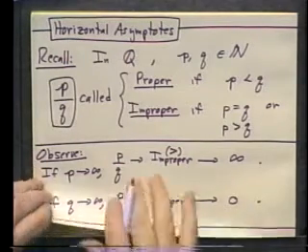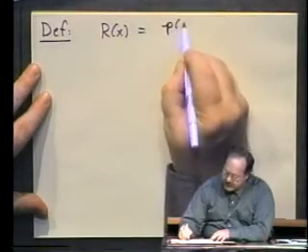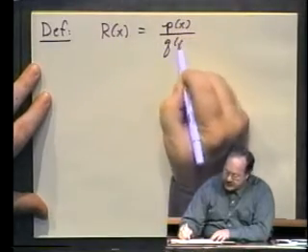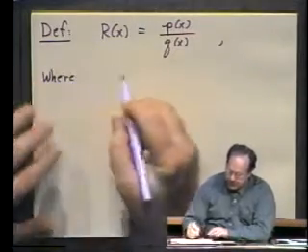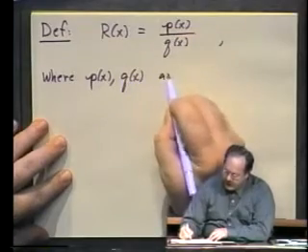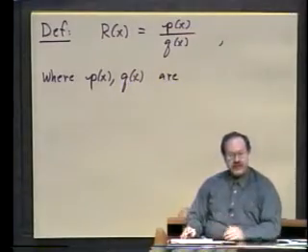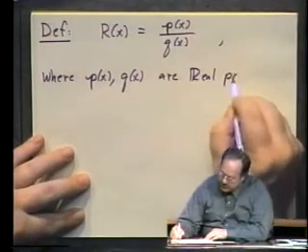And now let's define what it might mean for a rational function to be proper or improper, just like rational numbers. Definition. Suppose R of x is P of x over Q of x, where, as usual, P of x and Q of x are now, instead of real numbers as in P over Q, real polynomial functions.